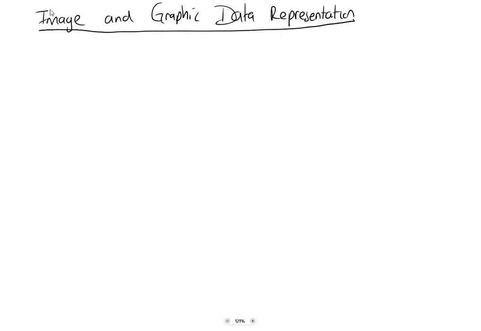So this is an interesting concept, and it leads to a whole field called computer vision, image processing. But here we're just going to discuss the very basics of image representation and vector representation.